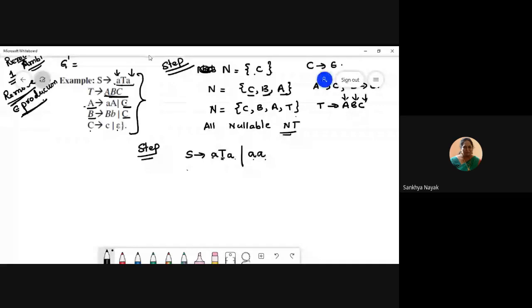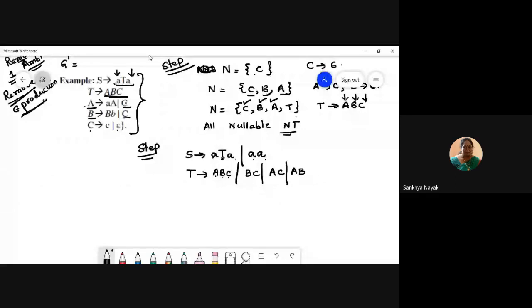Now let us see, you have T derives ABC. All three are nullable, correct? A, B and C, all three are nullable, so one can be null at a time, correct? I can take first A is null. If I take only A as null, I am left with BC. I can make only B null, in which case I will be left with AC. I can also make only C null, in which case I am left with AB.